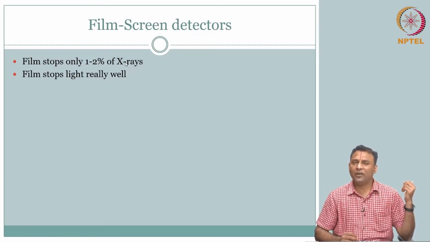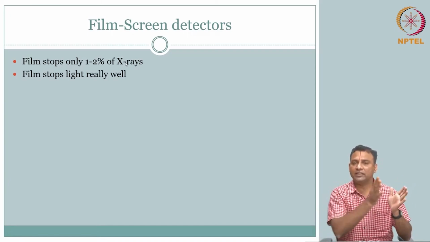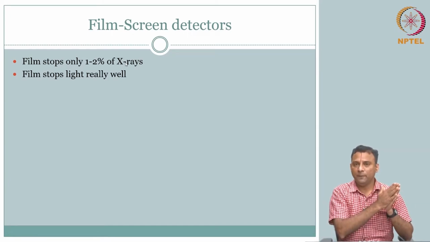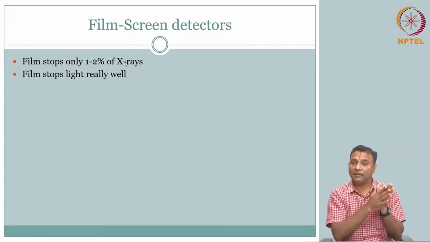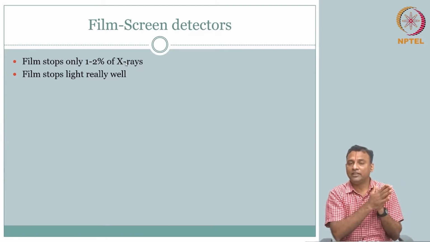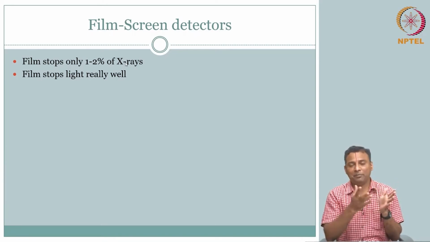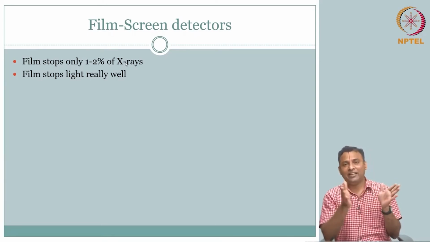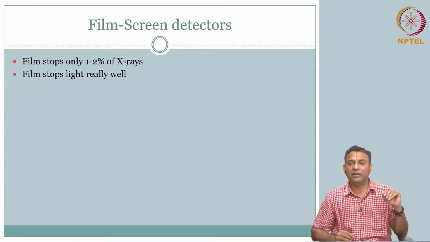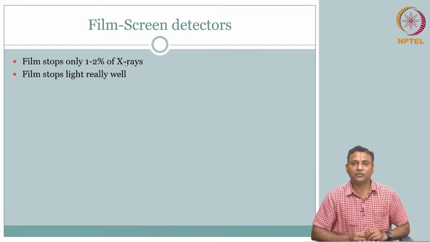So the idea is, instead of directly getting X-rays to photography film, since that part is very well established, can I find ways to convert the X-ray to light, and after it converts to light, capture it on a photographic film and develop it, and so on and so forth?